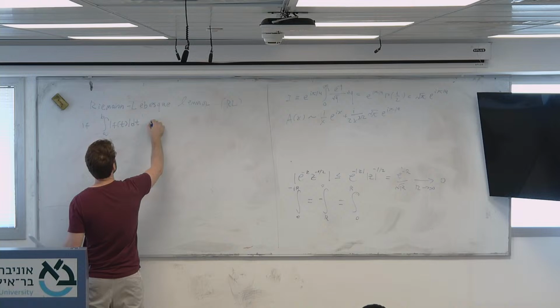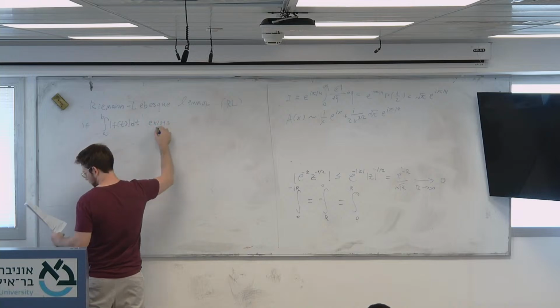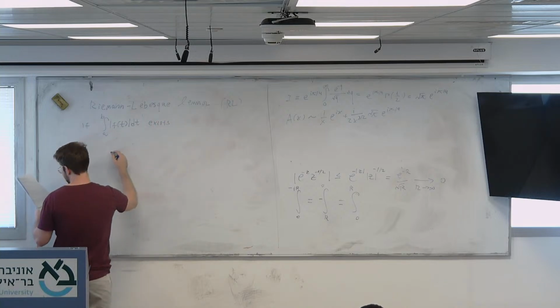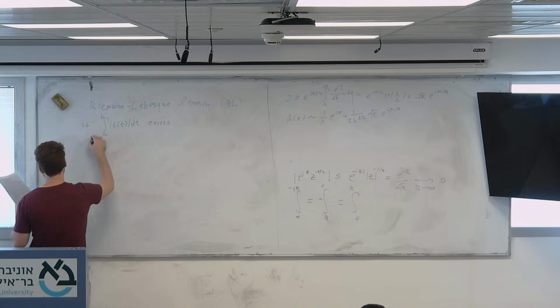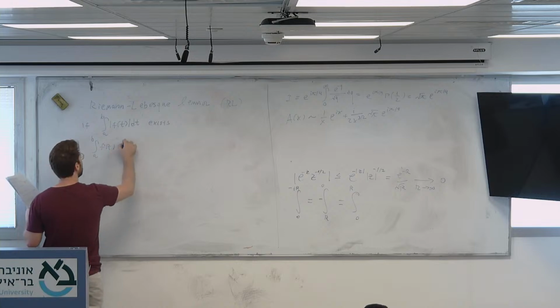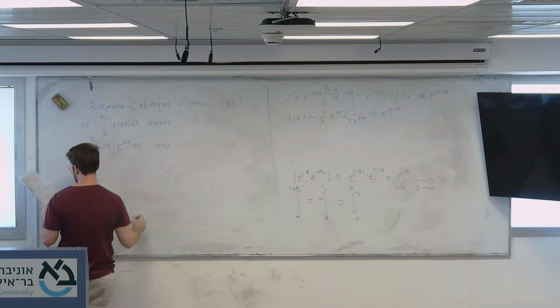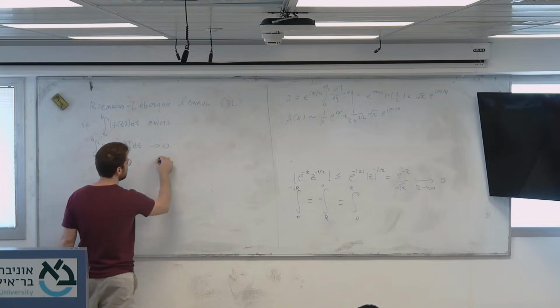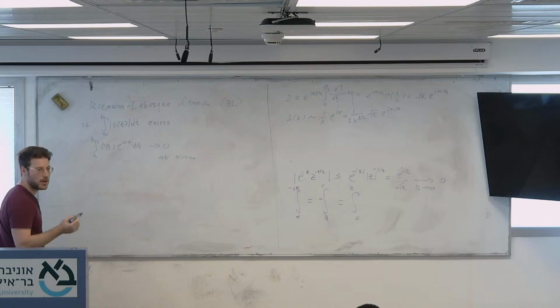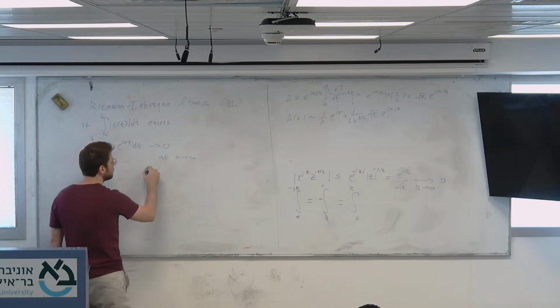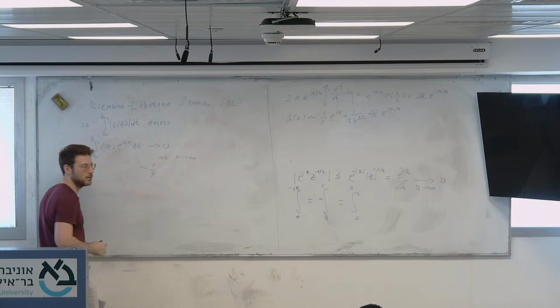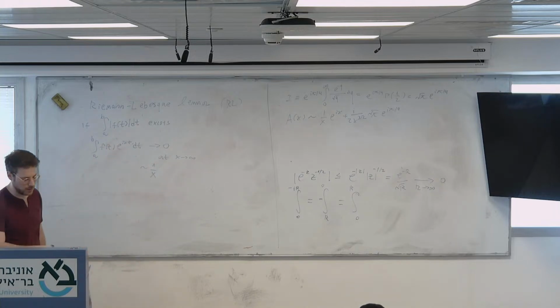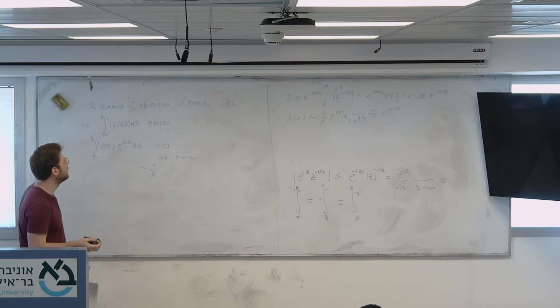So if this exists, it means that the integral from a to b of f of t e to the I x t dt goes to 0 as x goes to infinity. And usually the way it goes to 0 is like 1 over x, usually. So we'll see when this doesn't happen.